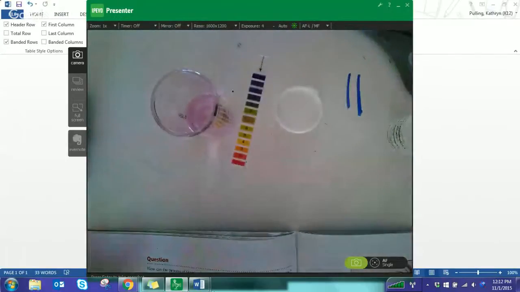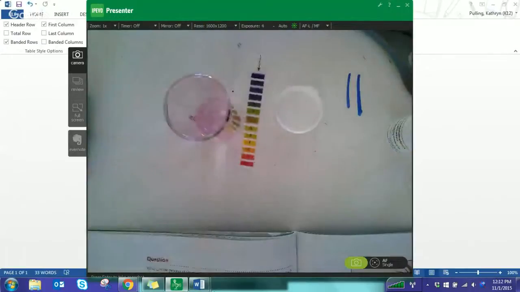All right, so there's pink again. And my titrant low. I have a little bit on the top, so I'm going to rinse that off.